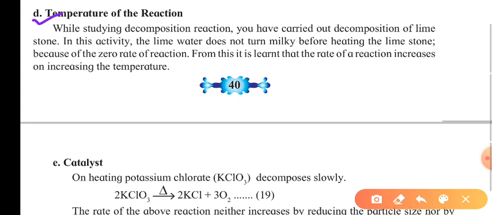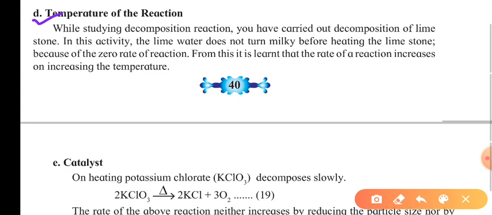Stir them and you will find that in the warm water the sugar will dissolve faster. It means higher the temperature, faster the rate of reaction, whereas at lower temperature the rate of reaction is much slower.